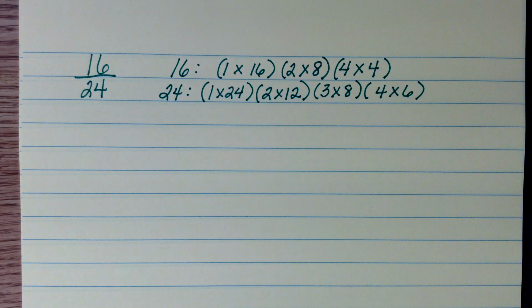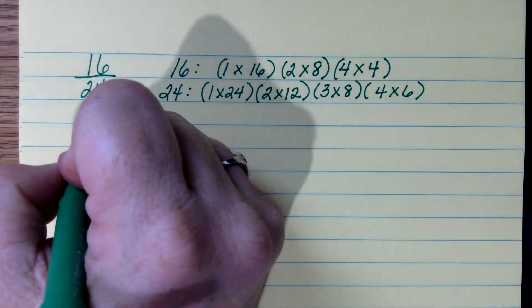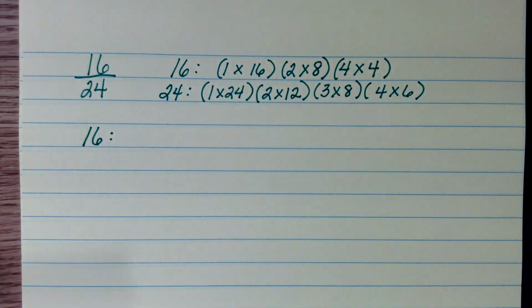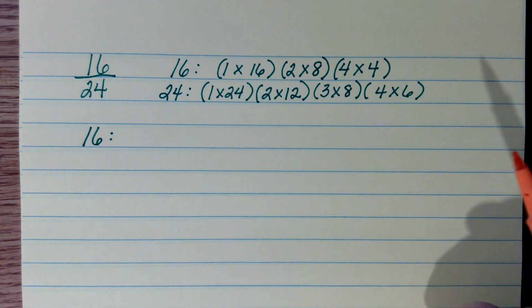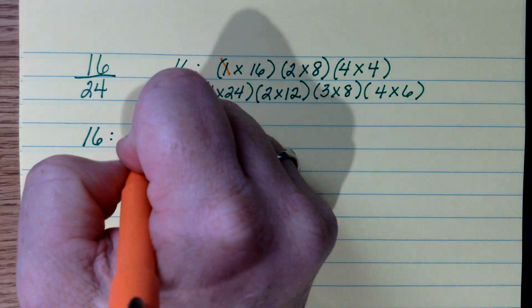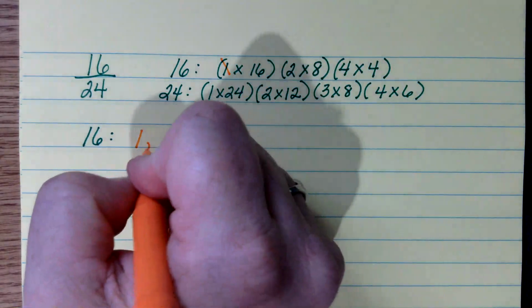So now I want to make sure that when I list the factors of 16, I list every factor of 16 and I don't leave anything out. And I want to go from least to greatest. So when I do that, I'm going to look and say, okay, there's 1. 1 is a factor. I'm going to cross off 1 so that I know I've dealt with it.